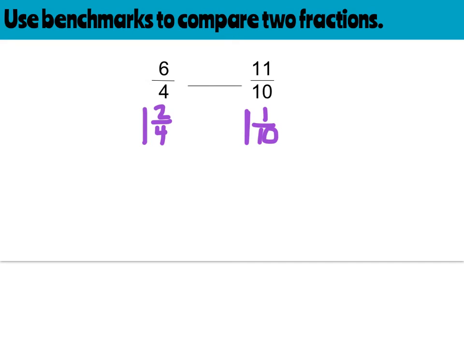So they're both greater than 1 whole, but we have to see by how much. So I can think about my benchmark fractions. Let's say, let's go with 1.5 again because these are both over 1 whole. So I can write 1 1/2 as 1 2/4, or I can write 1 1/2 as 1 5/10.